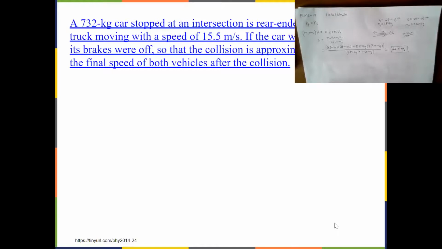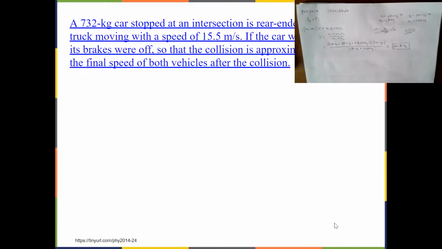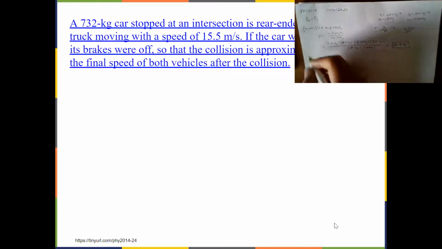If the car was in neutral and its brakes were off, so that the collision is approximately elastic, we're going to treat this as an elastic collision. Calculate the final speed of both vehicles after the collision. So this is an elastic collision problem, so let's see how we can solve it.